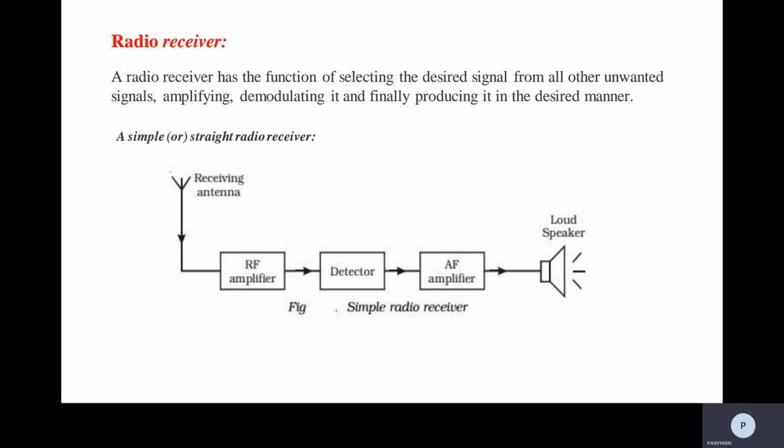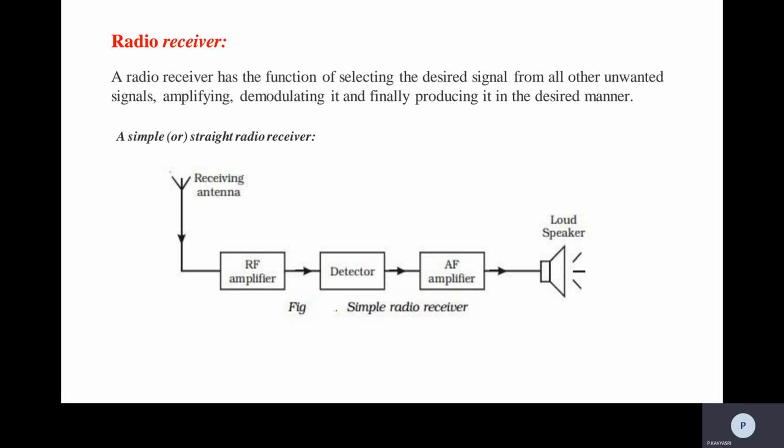So we can simply say the definition of a radio receiver is: a radio receiver has the function of selecting the desired signal from all other unwanted signals, amplifying and demodulating it, and finally producing it in the desired manner. So simply, the radio receiver will select the desired signal from all the unwanted signals.